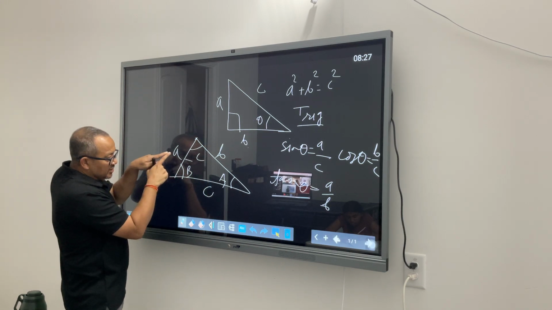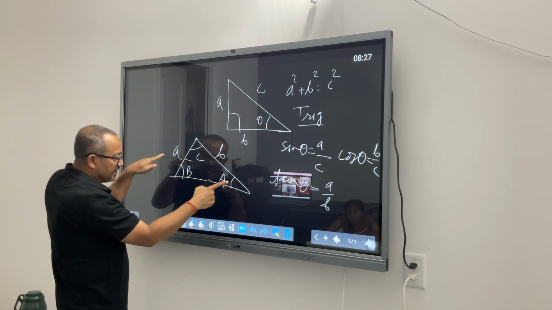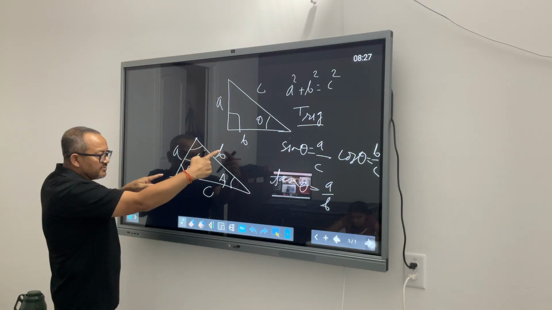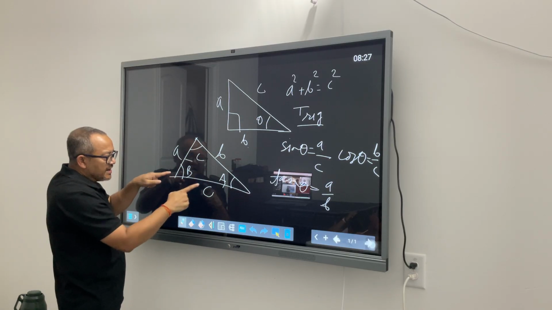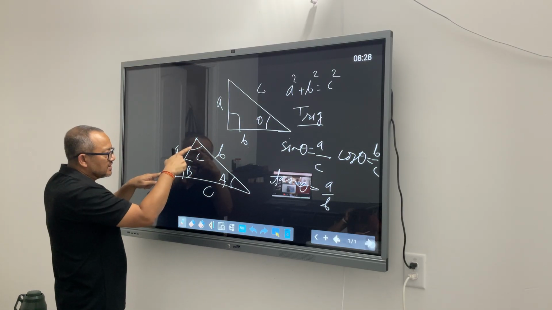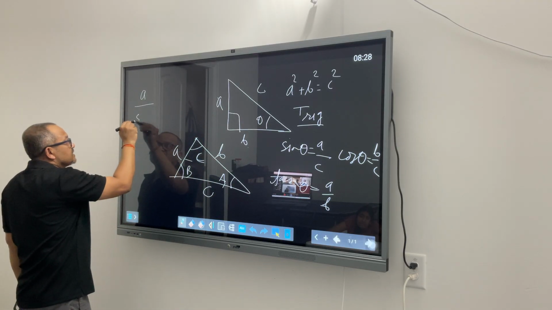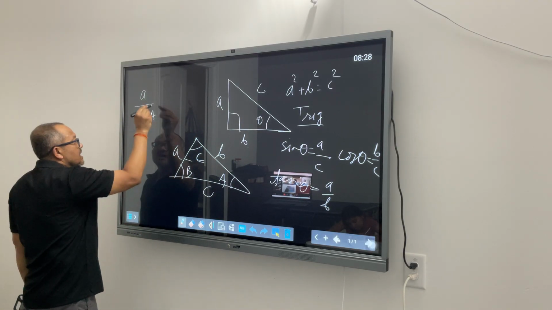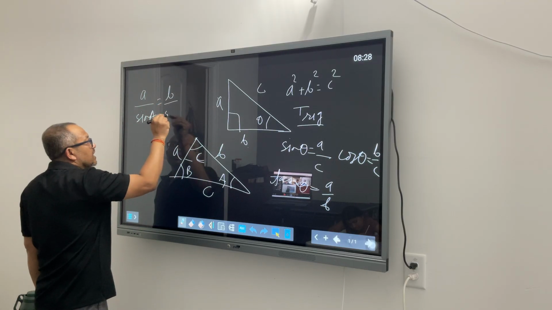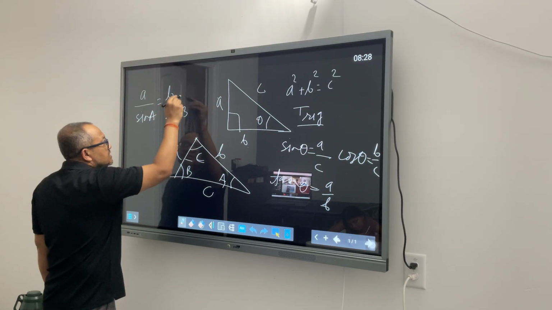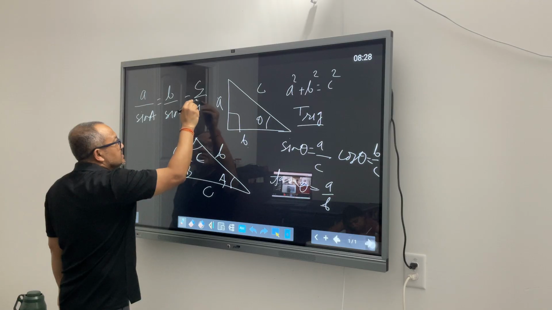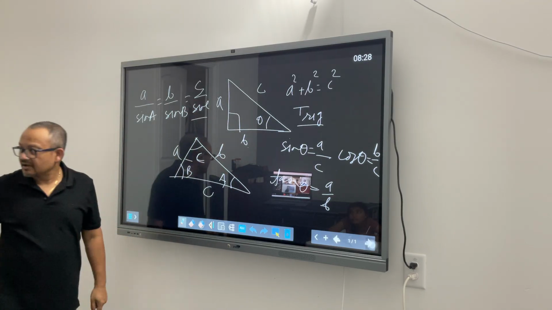If the angle applicable to the side A is capital A, angle applicable to the side B is capital B, and angle applicable to the side C is capital C, law of sine says A over sine A is equal to B over sine B is equal to C over sine C.